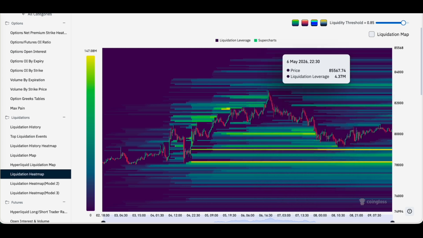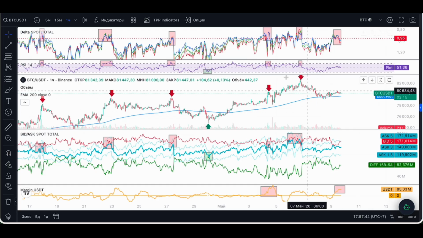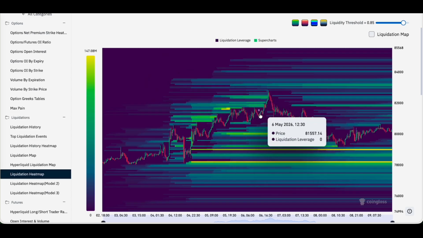As an example, we can check the last entry point for a short position. Let's say we are here. This is the place. Let's say we have the indicator showing that we are in the seller zone, and we have a crossing for the short position entry, and I go to CoinGlass to check the liquidity.